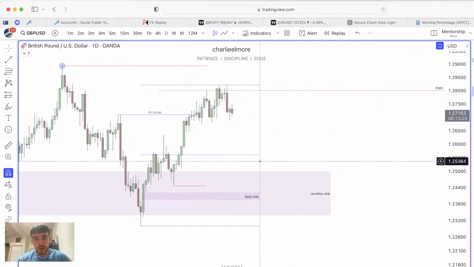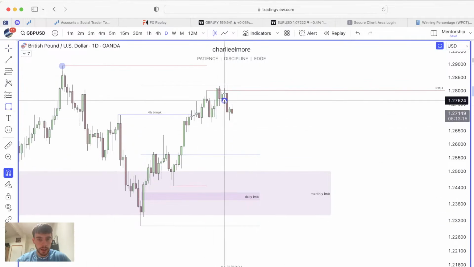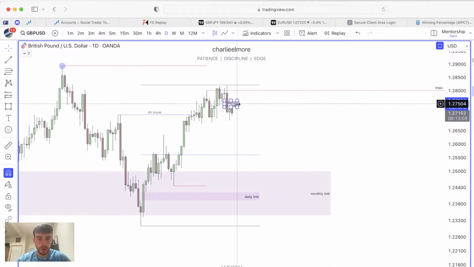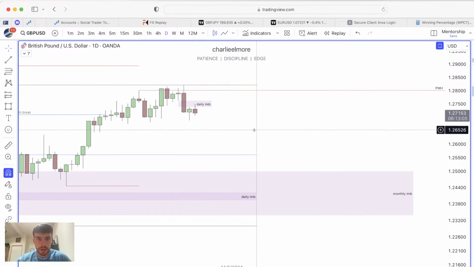Following that thesis, for price to come down into here, price could potentially set up a short opportunity, and price has actually just come into this bearish daily imbalance today, in fact.